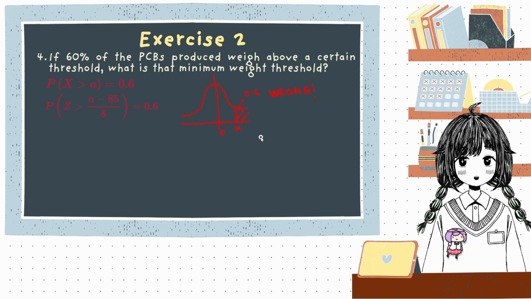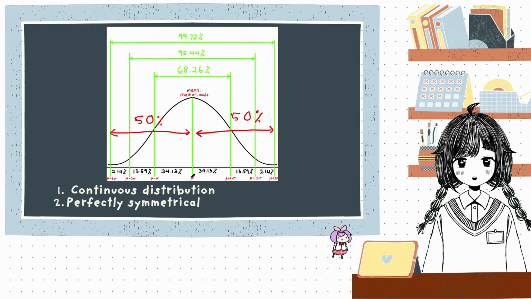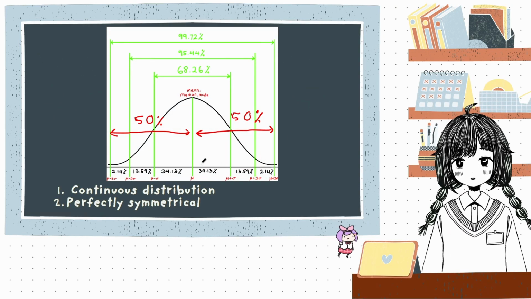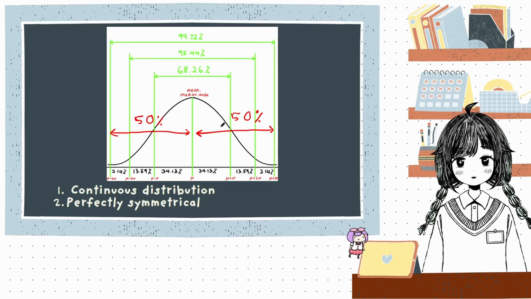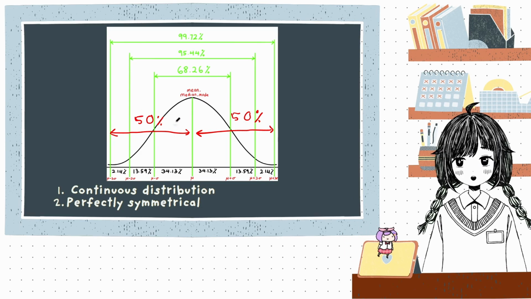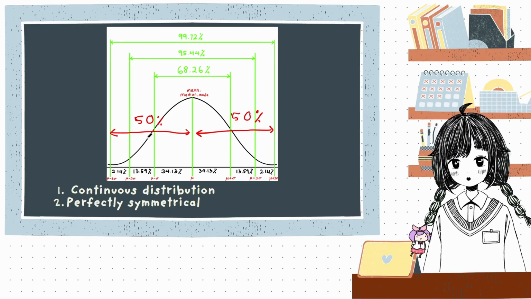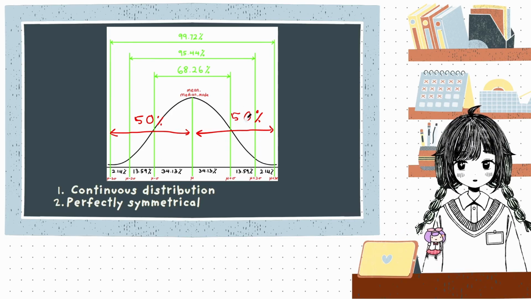So let's look back at it. You see the percentage here? If we total it all, it will become 50% on this side, the same as the left side as it is symmetrical. So both make it 100% or probability 1.